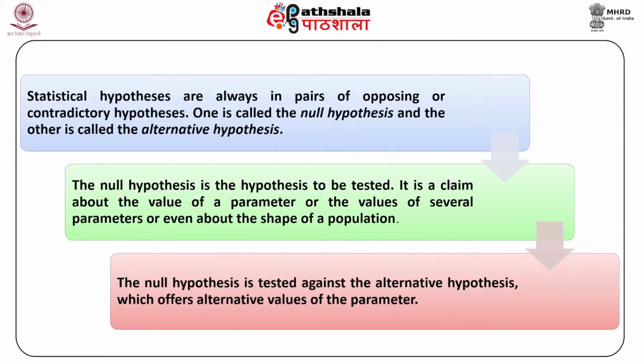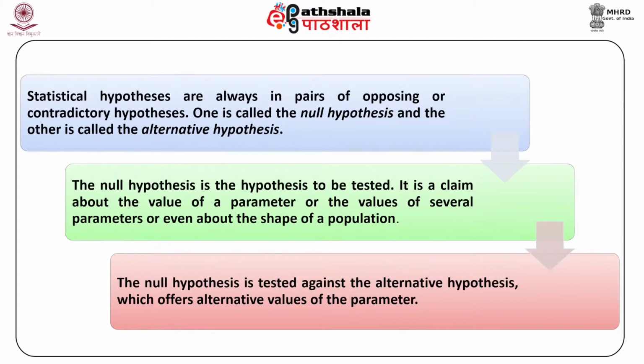A statistical hypothesis is basically where we always have a pair of opposing or contradictory hypotheses. One is called the null hypothesis and the other is called the alternative hypothesis. The null hypothesis is the hypothesis to be tested.